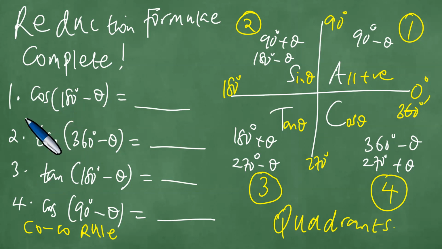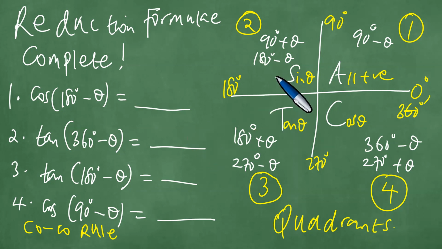Okay, what is cosine of 180 degrees minus theta? Anyone? Tando, Yolande, anyone? Please come again, Yolande alone, because you were speaking at the same time. Negative cosine theta. Well done. That's correct.